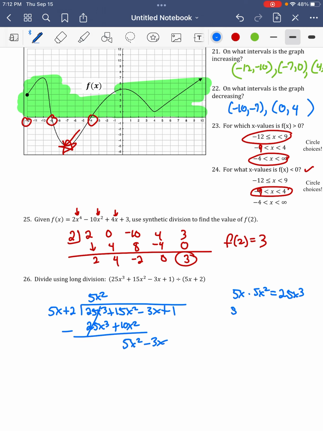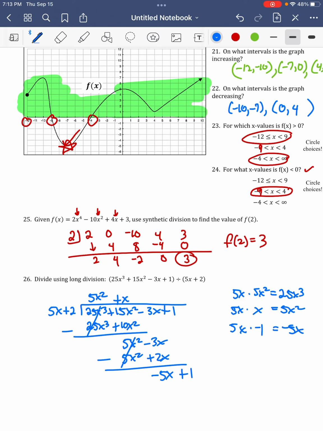To turn 5x into 5x squared, now I need another x. So x times 5x is 5x squared. X times 2 is 2x. Line, subtract. These go away. Negative 3x minus 2x is negative 5x. Bring down my 1, so it's my last step. So how do I turn the 5x now into negative 5x?